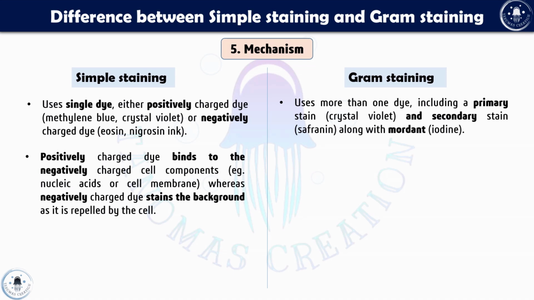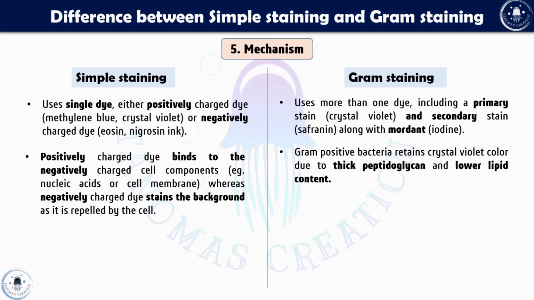That's why they will only color the background. Okay, so this is why the morphological structure is clearly visible. Now, an example of the negatively charged dye is given in the negative staining. Okay, this negative staining is also covered in our negative staining video. The link is in the description. You can also go and check it out.